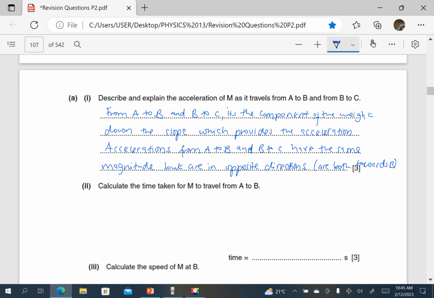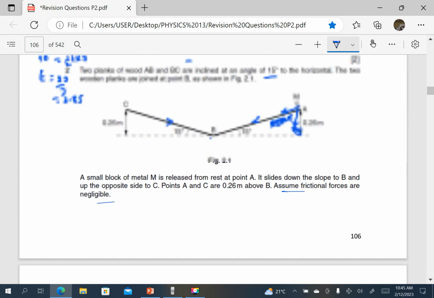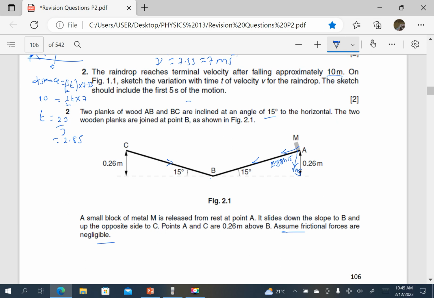we can say if the body is moving downwards and air resistance is negligible, the resultant force is just down the plane. There is no friction. So the resultant force down the plane is mass times acceleration, which is given by mg sine 15 down the plane. So if we want the time, we can now use that acceleration.